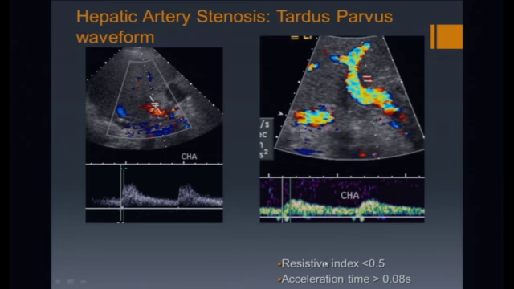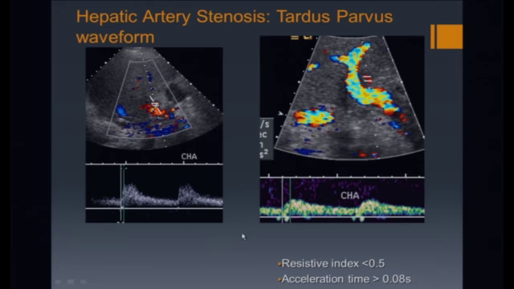So the resistive index, which is the difference between systole and diastole divided by systole, is reduced. It's less than 0.5, while the acceleration time, the time it takes to get from the beginning of early systole to where it starts to round off here, is prolonged. So the acceleration time is prolonged, and the resistive index is reduced.